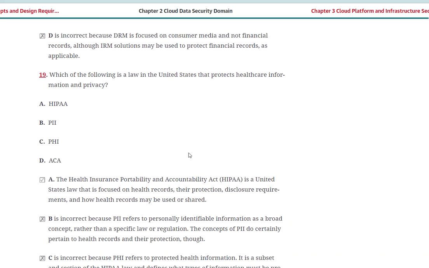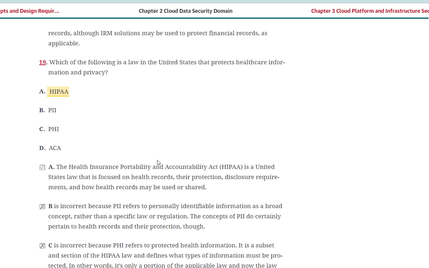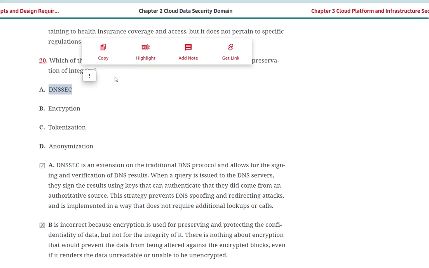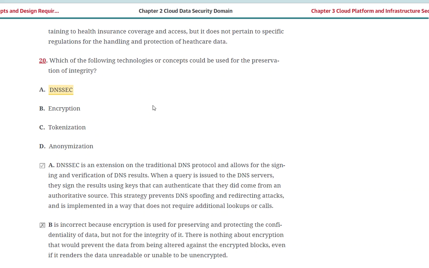Question 19. Which of the following is a law in the United States that protects healthcare information and privacy? And the correct answer is HIPAA. Question 20. Which of the following technologies or concepts could be used for the preservation of integrity? And the correct answer is DNS security.